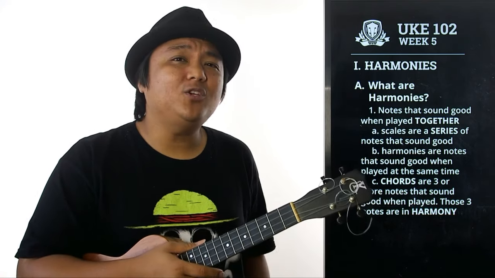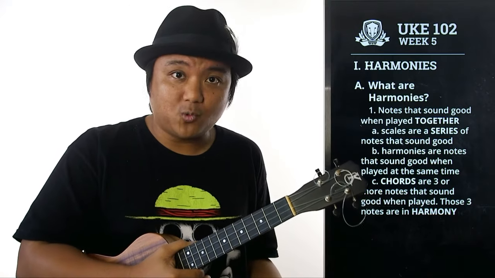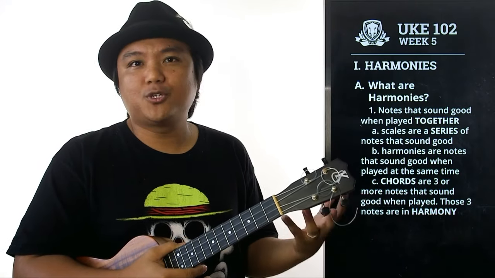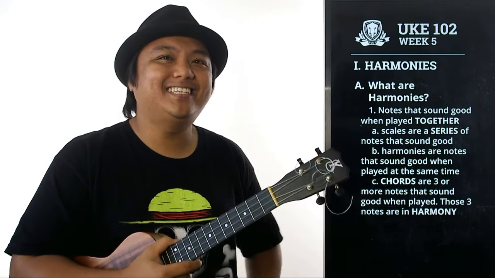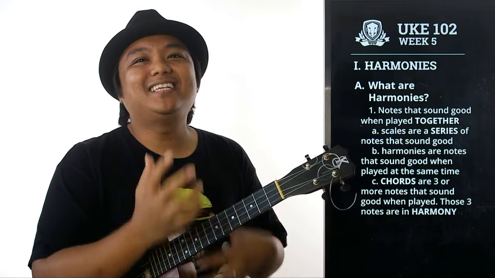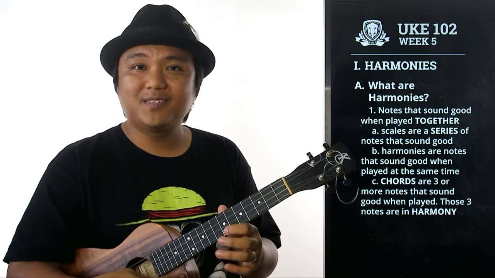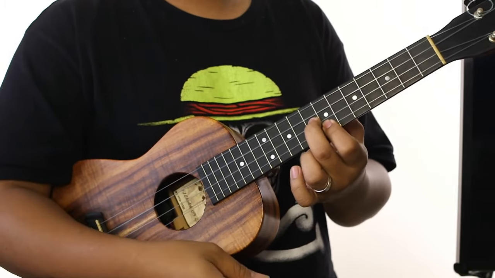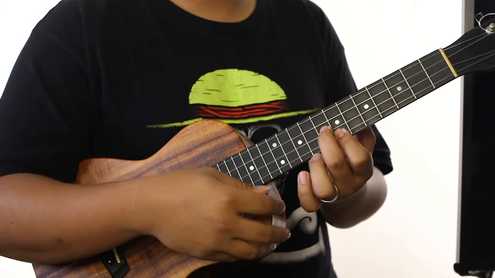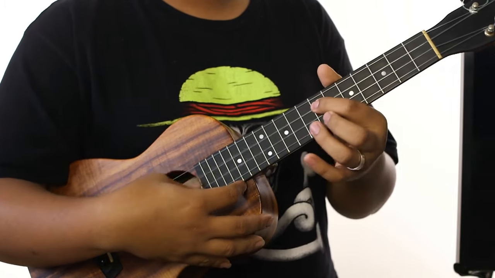Okay, and you might have heard the term harmony in a lot of vocal music as well. Think of a Barbershop Quartet or Destiny's Child. When they sang together, they sang in harmony. Maybe Beyonce will sing this note, and Kelly Rowland will sing this note, and the other one, Michelle, will sing this note.